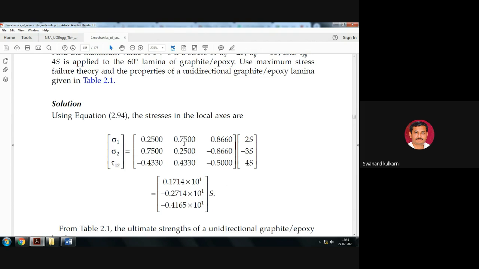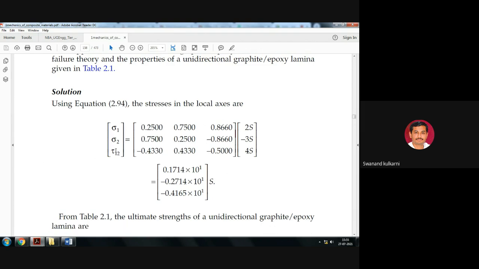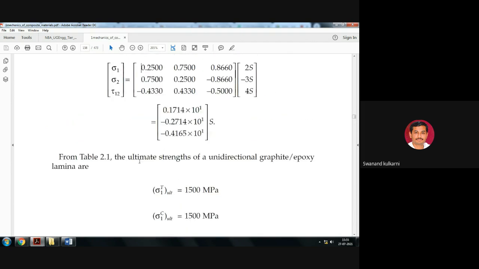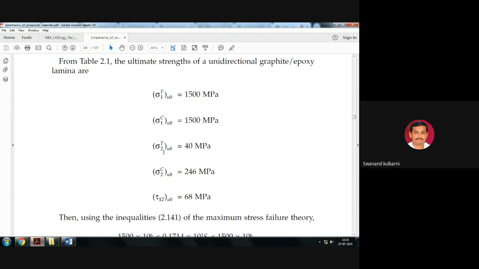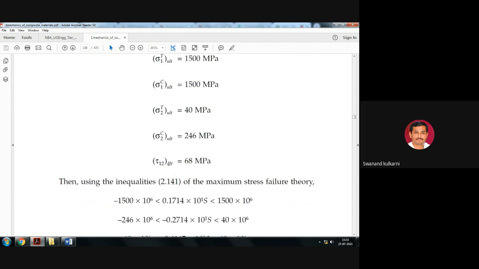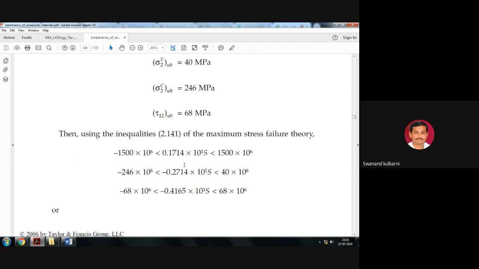Is it okay? So with this multiplication we will get sigma 1, sigma 2, and tau 1, 2. Is it okay? So the ultimate strengths of the unidirectional graphite epoxy lamina, the tensile stress and compressive stress, we can see here, and shear stress is also shown here.